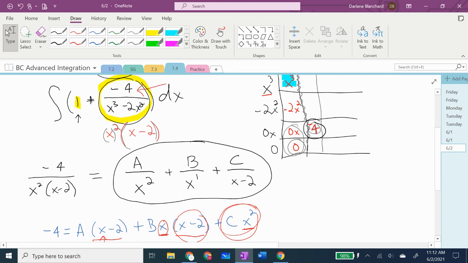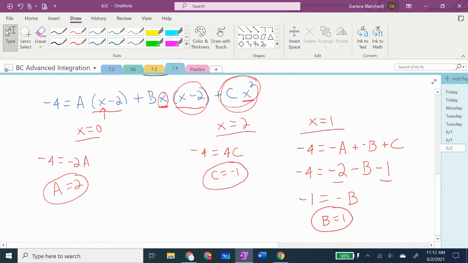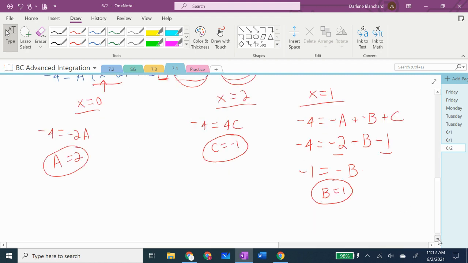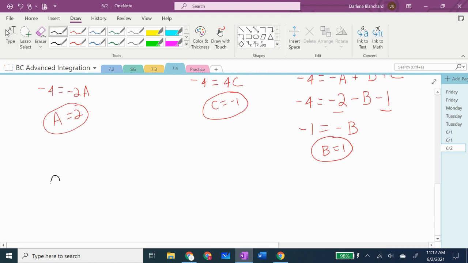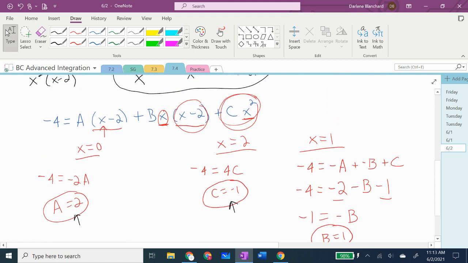And now that I know my a, b, and c, I'm going to write down that this is the integral of that 1, the result of the polynomial, plus a over x squared plus b over x plus c over x minus 2, I believe, that denominator.